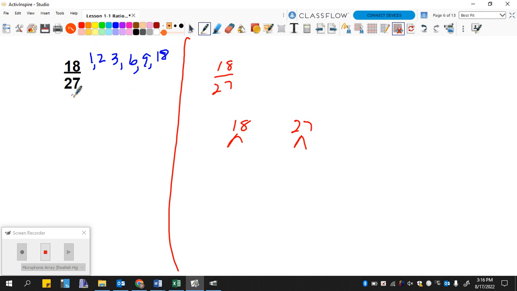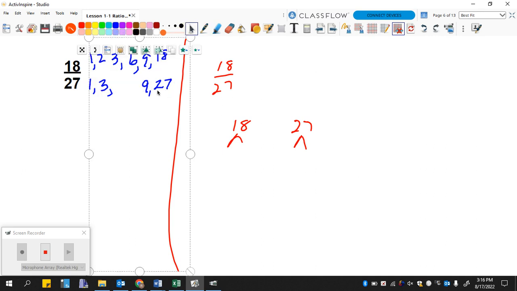And then factors of 27 are 1 and 27. 2, no, it's not an even number. 3 and 9. 4 no, 5 no, 6 no, 7 no, and 8 no. Okay, so it's 1, 3, 9, and 27.